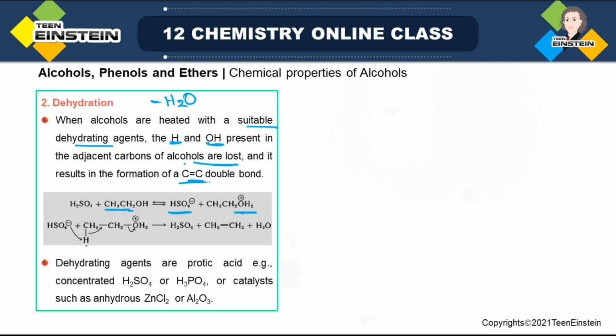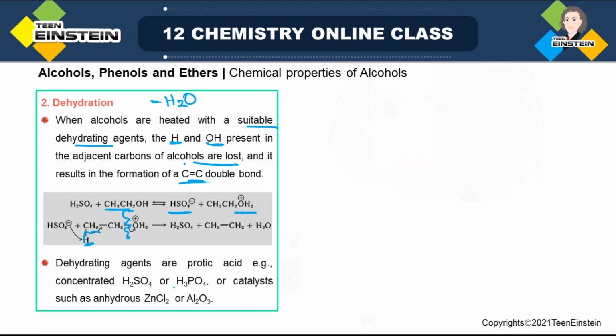Now it will help to remove this H. So the C-H bond will be broken, and the carbon oxygen bond is also broken. Remember, this reaction is under the heading cleavage of carbon oxygen bond. So the carbon oxygen bond must be broken, that you can see here. Finally you are getting C=C double bond.